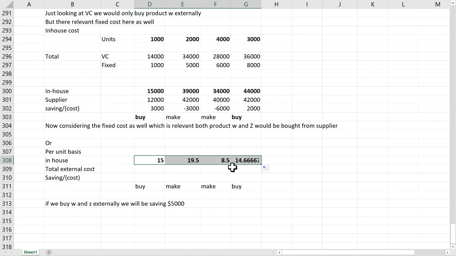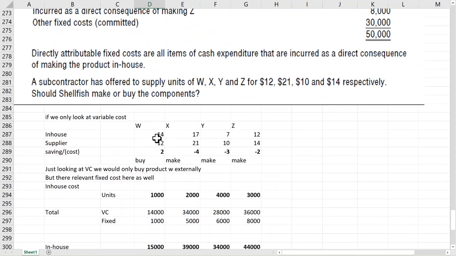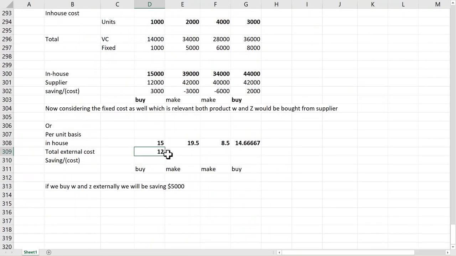It will give us 15, 19, 8, and 14, including the fixed cost as well. And the external supplier has offered 12, 21, 10, 14. So the decision is the same, whether you look at it per unit or whether you look at it total. Just to explain, if I take this 3 and multiply by total units, which is 1,000 at the top, it will give me that same saving.